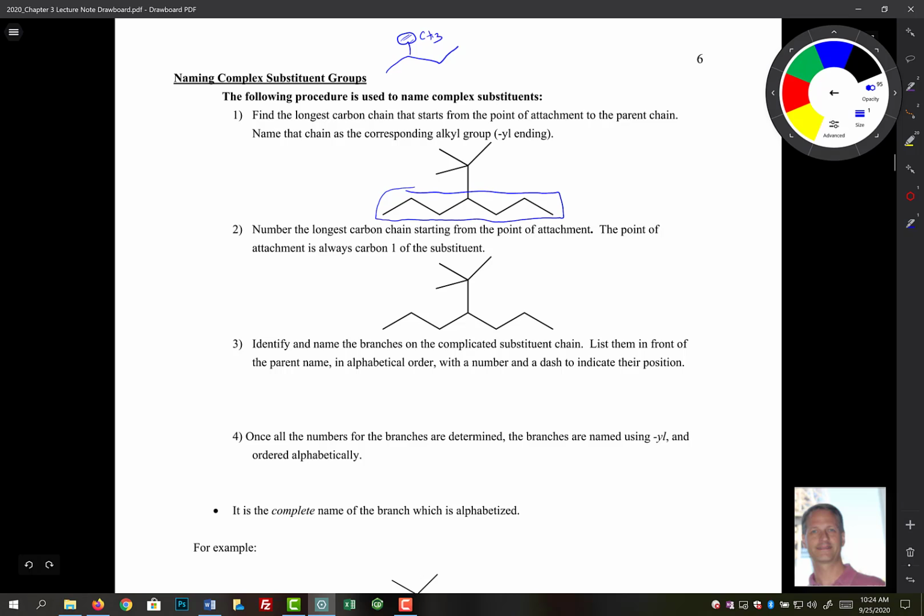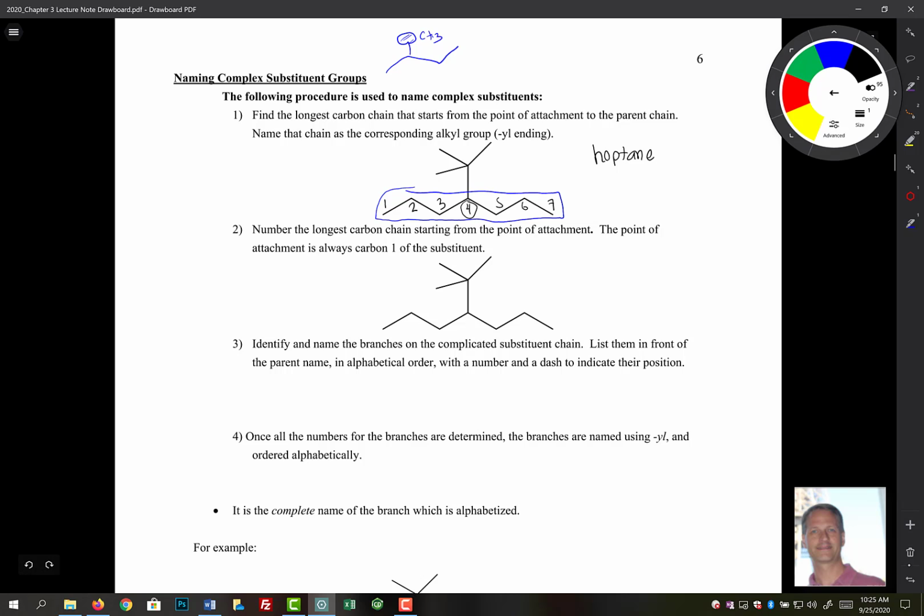It has, let's count them up, 1, 2, 3, 4, 5, 6, 7. We get a 4 going from either direction on this one. 7 means that it's hept, and it's an alkane, so we throw in the ane, A-N-E.